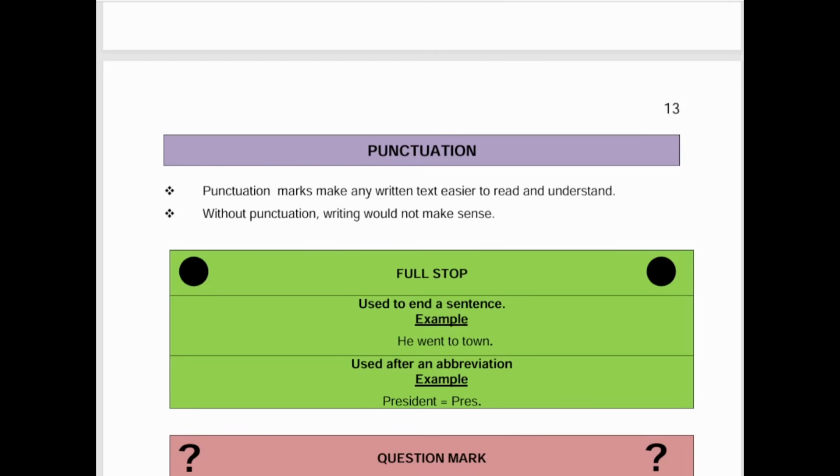When I usually mark composition, I realize that most learners don't know when they are supposed to use a capital letter, a full stop, a question mark, a comma, a semicolon, and so many other punctuation marks.